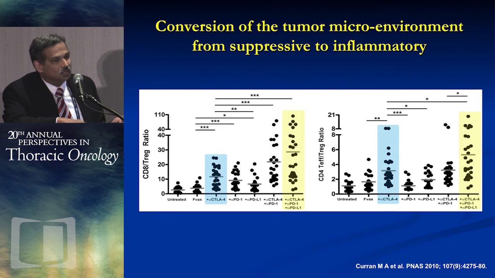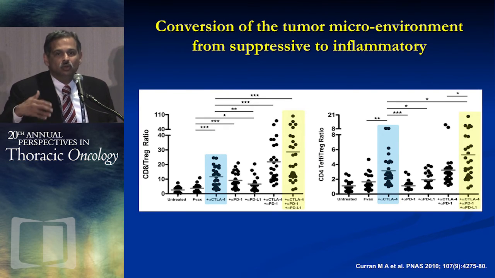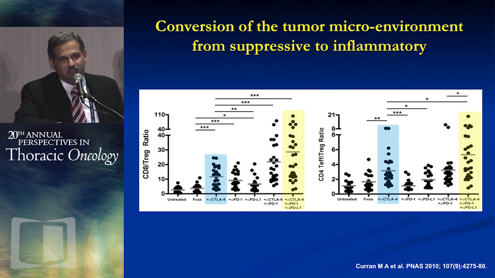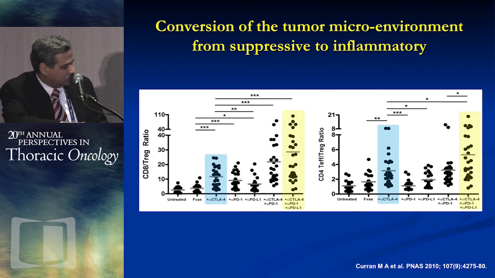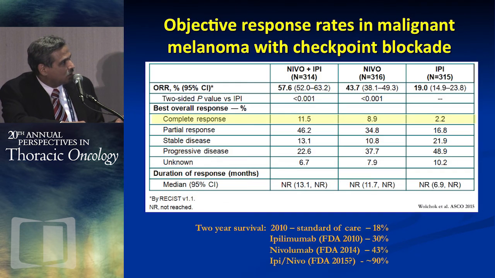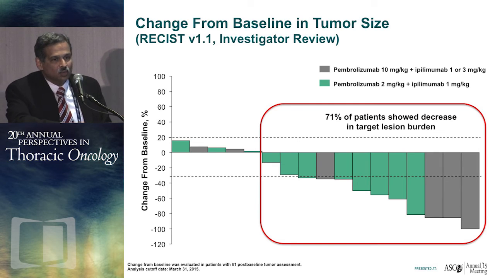In addition, in the tumor microenvironment, you not only increase the number of activated cytotoxic T cells, but the combination appears to downregulate the immune suppressive cells. And so that has been the basis of evaluating this combination in melanoma, which I'm sure all of you know much better than I do, but the combination has shown greater efficacy.